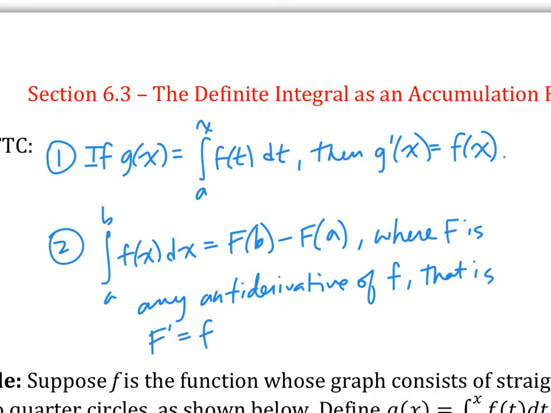You really don't need to copy this down because it's the same FTC that we've been doing for the whole last chapter, and you probably wrote this down at least 2 times. But these are the 2 big points of FTC, and we are going to use them again.